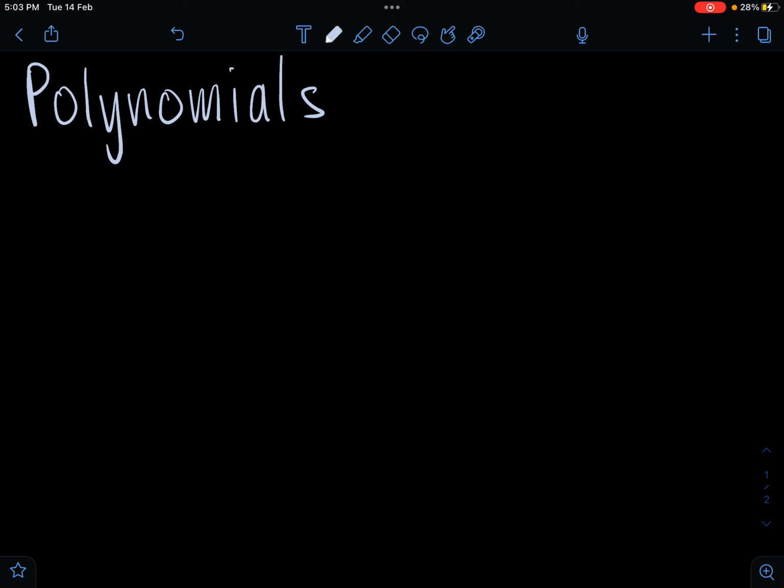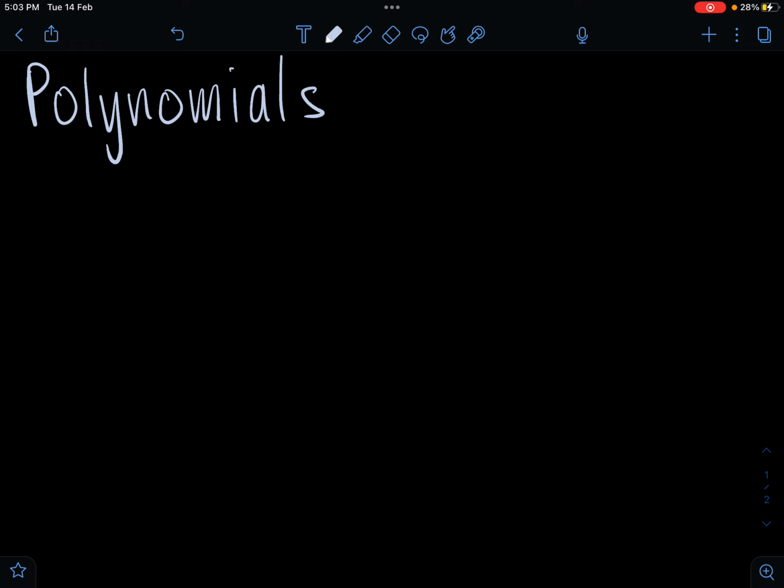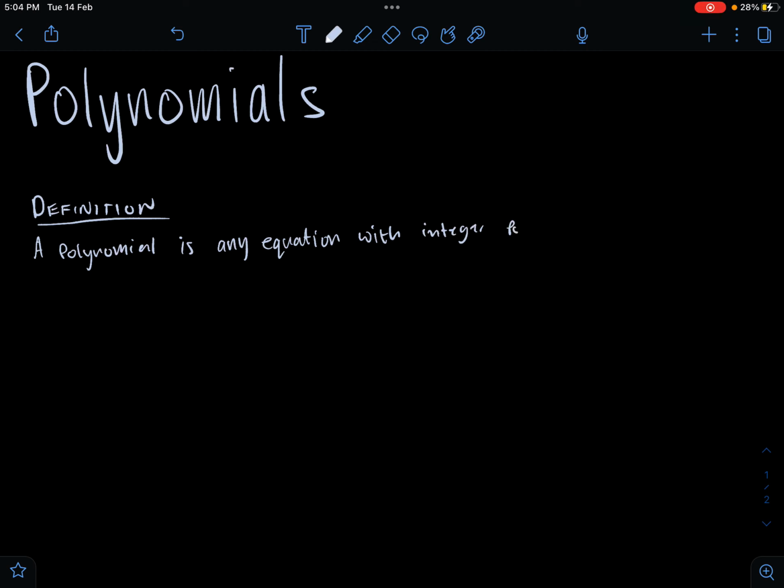So to start off with the definition of a polynomial, let's grab a slightly smaller pen. Definition. A polynomial is any equation, rather, with integer powers.